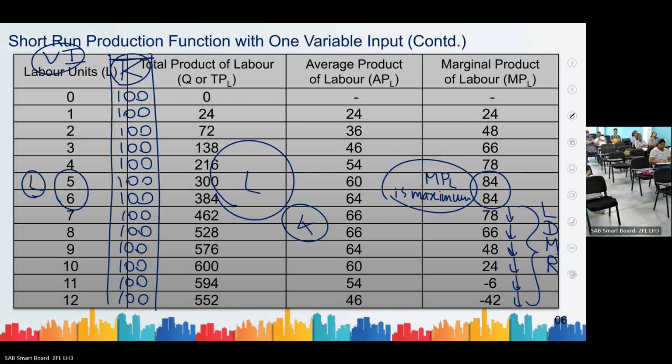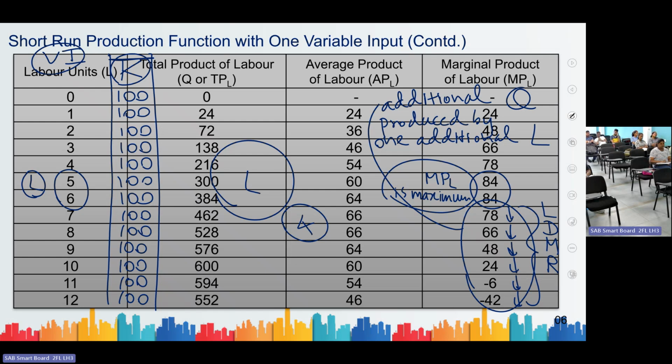additional output. These are additional outputs produced by one additional labor.